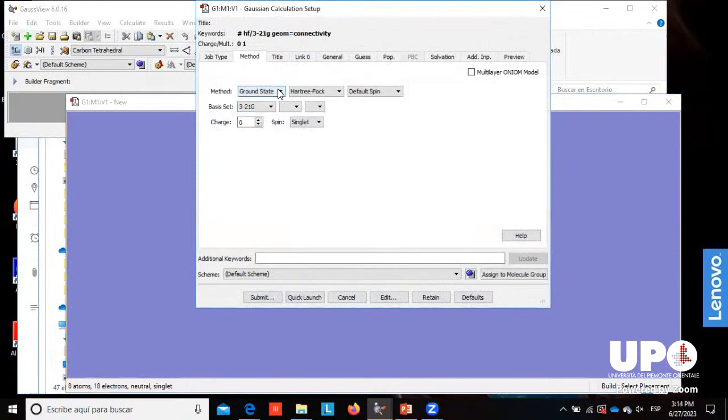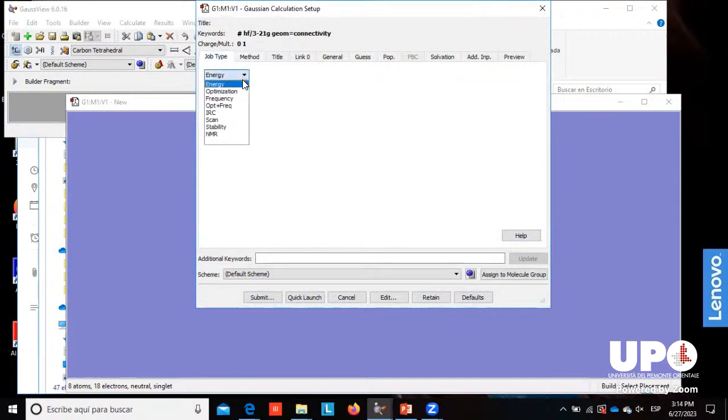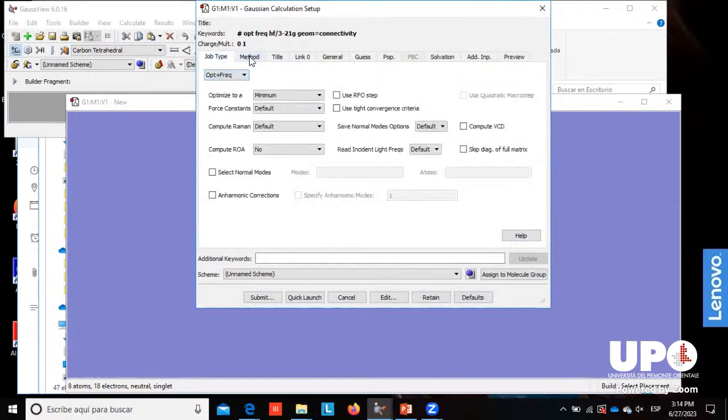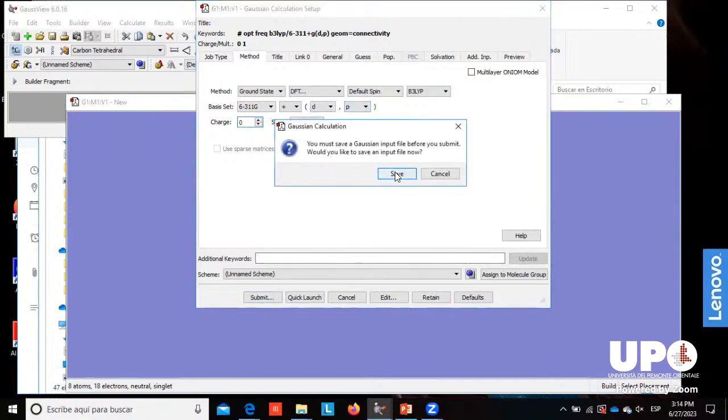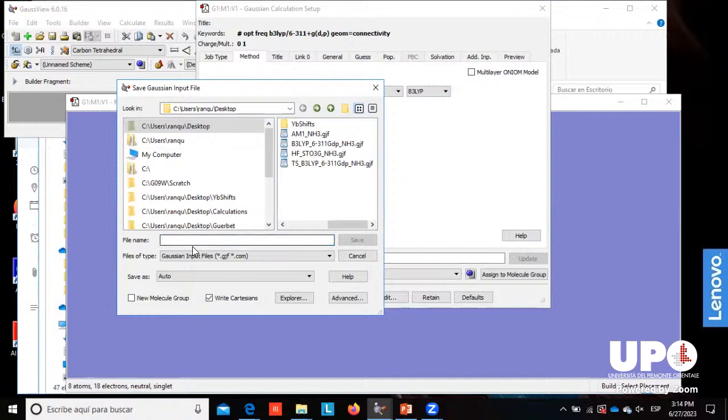So let's use optimization plus frequency, DFT B3LYP, and maybe the very same basis set as before, I would say. I think we can afford it. And I think I can submit it. I think I didn't forget about anything.